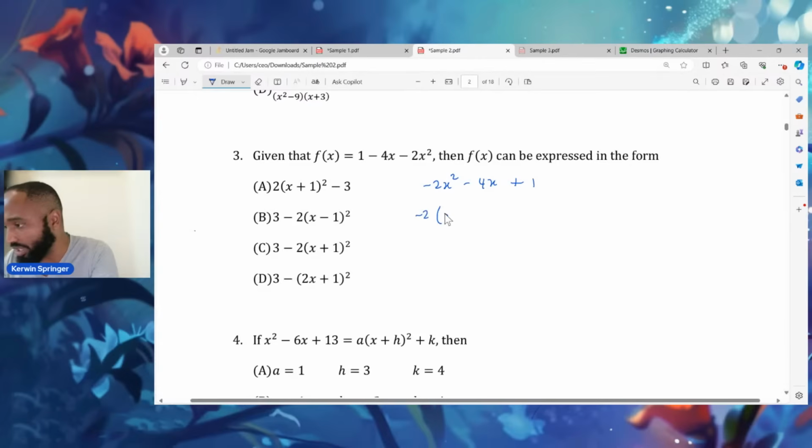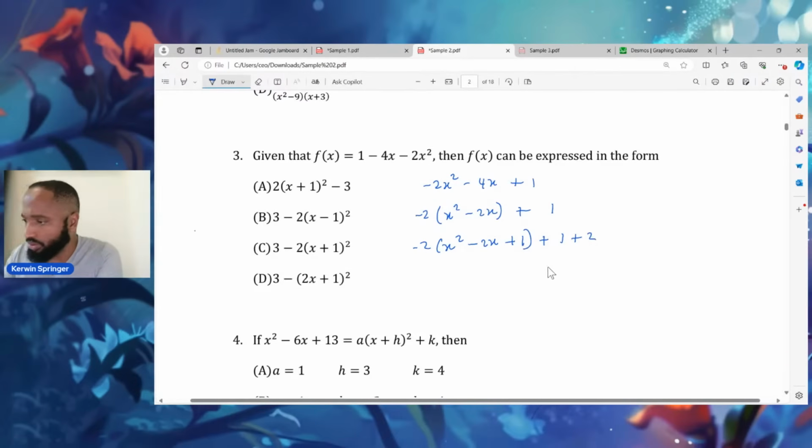Take out the 2, you get x squared minus 2x plus 1. Half of that, square it, you get x squared minus 2x plus 1 minus 2 plus 1. You add in 1, you need to take back out that by really subtracting, so you really need to add back in 2.